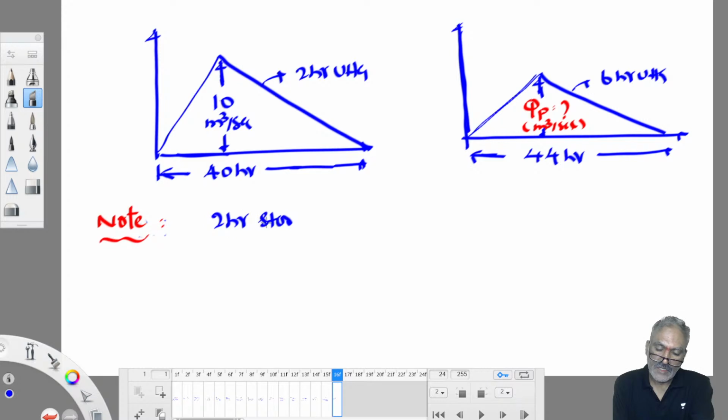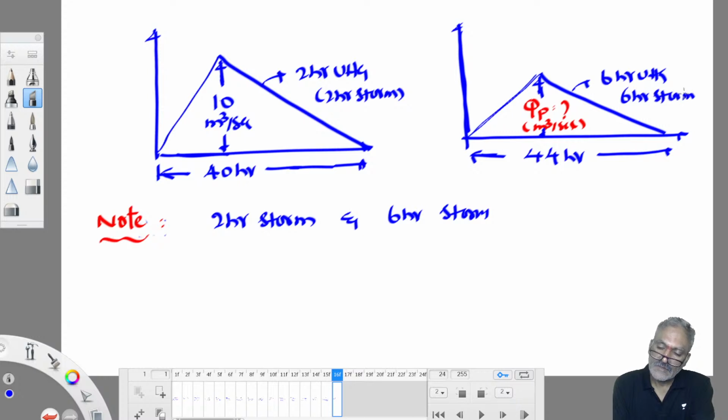This represents the 2-hour storm and this represents the 6-hour storm, with different time periods.